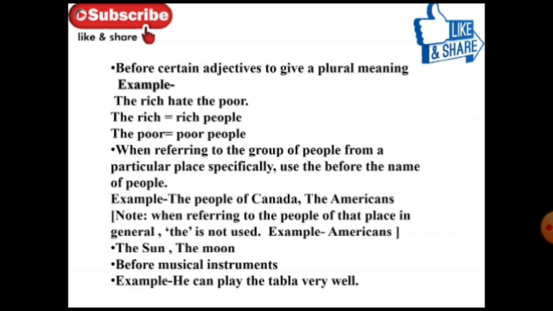In the same way, with the celestial bodies, the sun, the moon, the earth, the Mars, the Saturn, the is used. With the musical instruments also, the harmonium, the tabla, the piano, he can play the tabla very well. So there we use the.